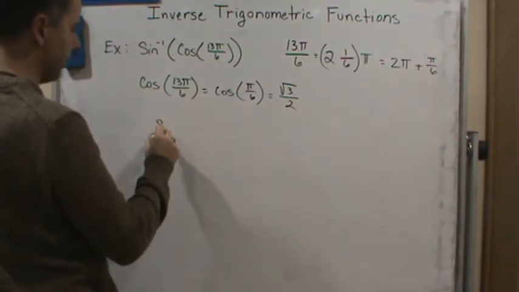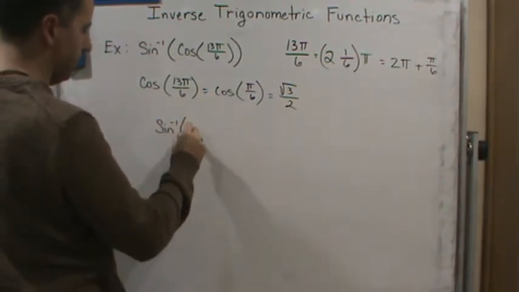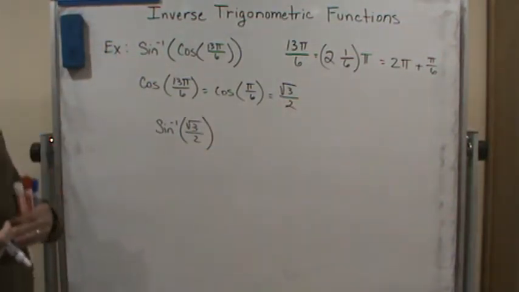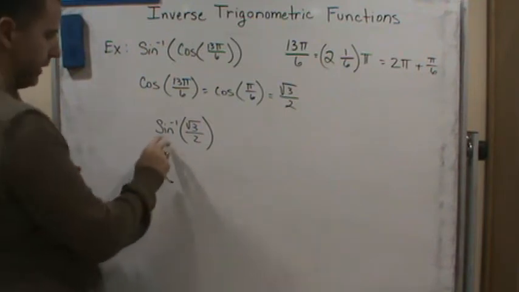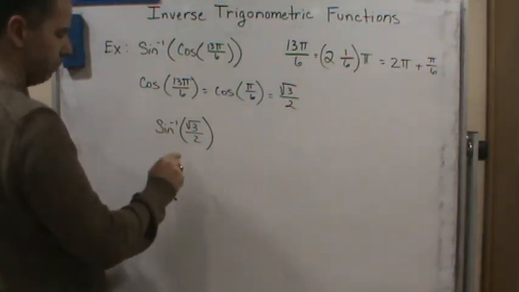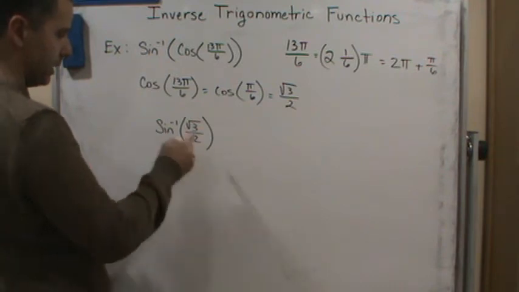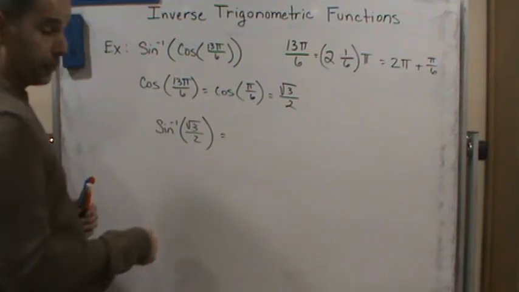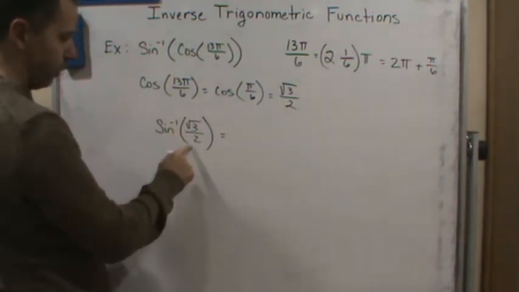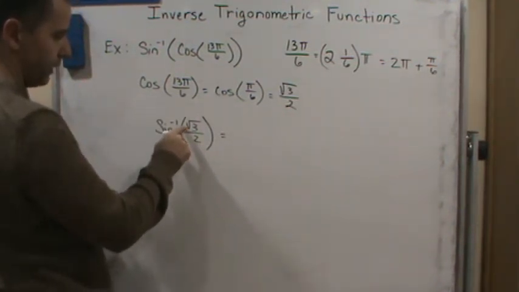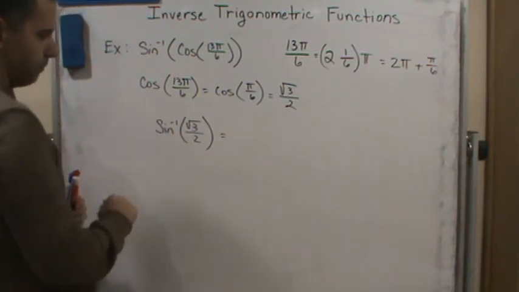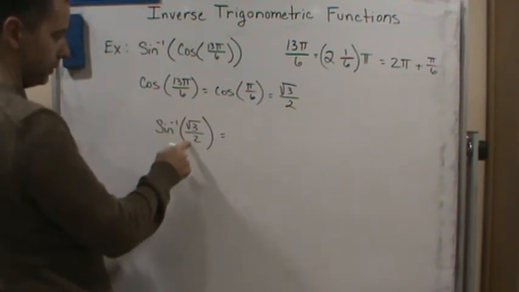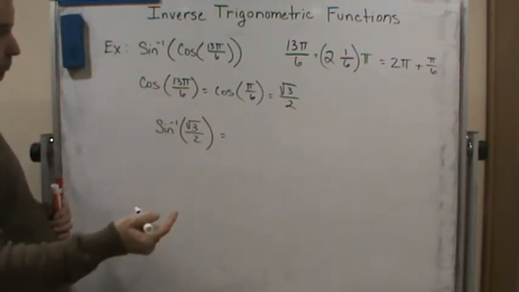So now I'm going to take sine inverse of square root of 3 over 2. So the question is, what angle? Again, I'm dealing with inverse sine. The sine of what angle gives me square root of 3 over 2? Well, that would be a 30-degree angle because it's opposite over hypotenuse.